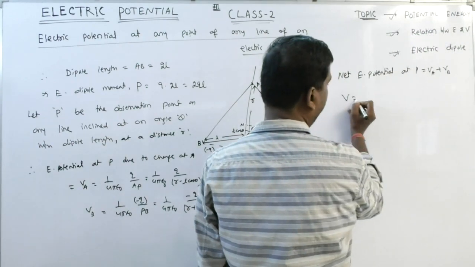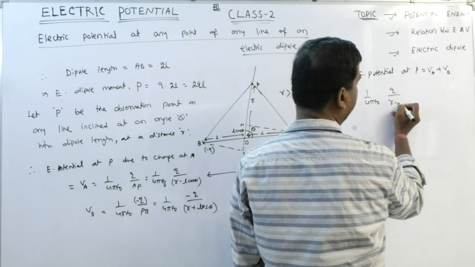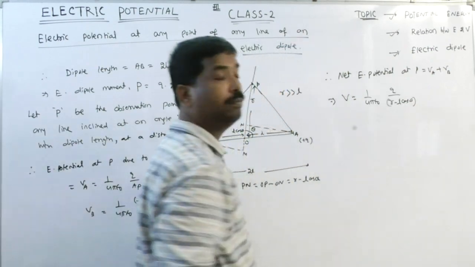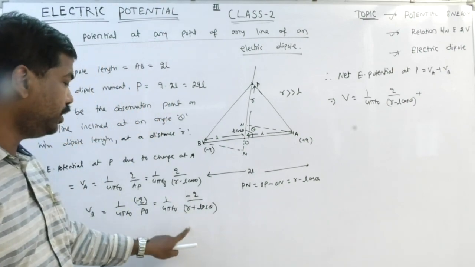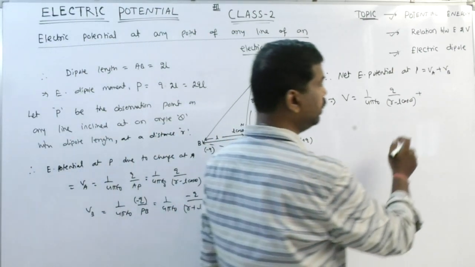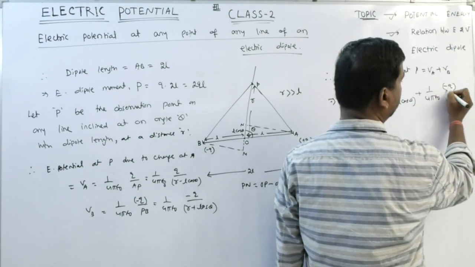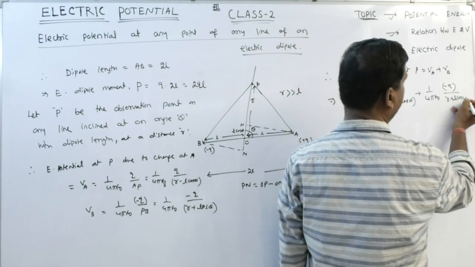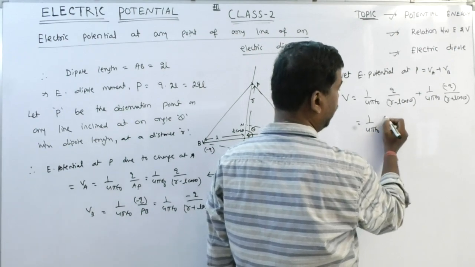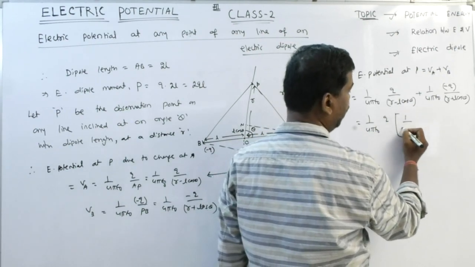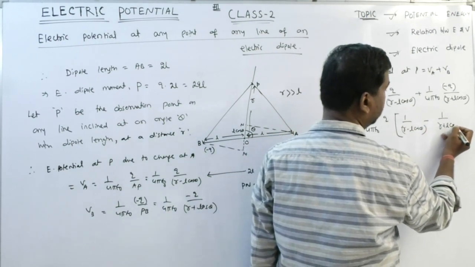If so, then V is equal to 1 by 4 pi epsilon 0 q by r minus L cos theta, plus minus of this. So plus into minus, minus 1 by 4 pi epsilon 0 q by r plus L cos theta. So I can write 1 by 4 pi epsilon 0 q, 1 by r minus L cos theta minus 1 by r plus L cos theta.